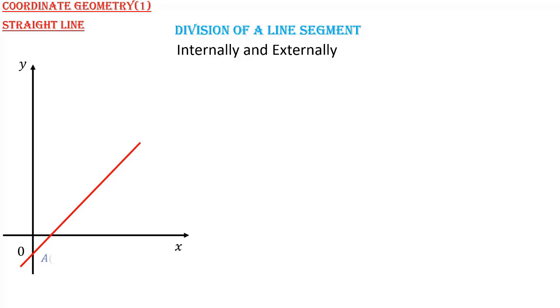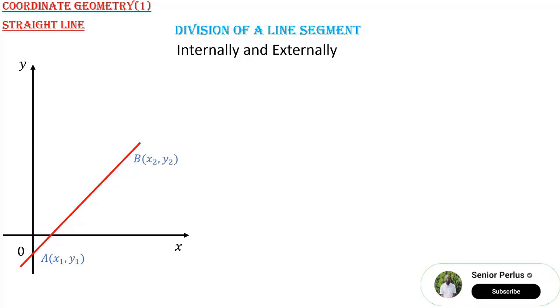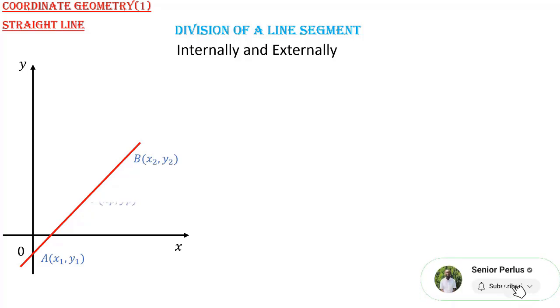this is our straight line. So we have the coordinates A and B. Then we locate a point between line AB. So our point is P(xp, yp). Then our ratio here is m and n.